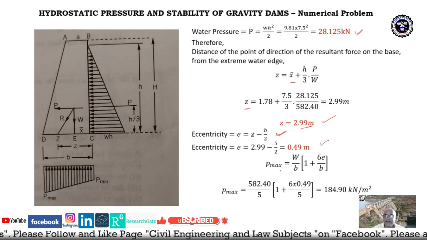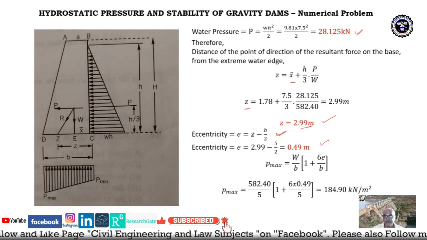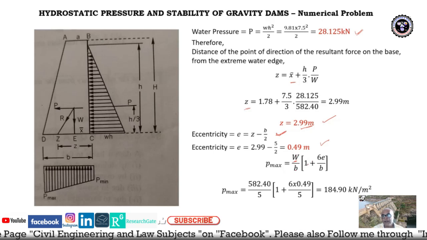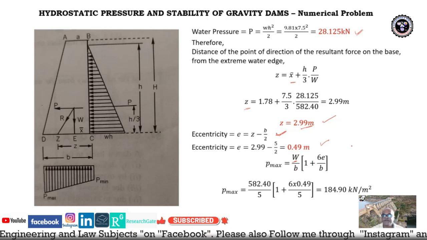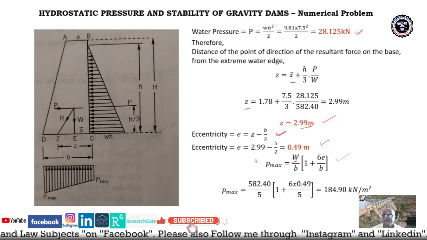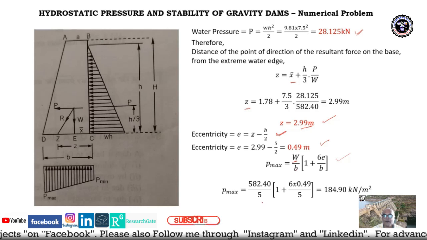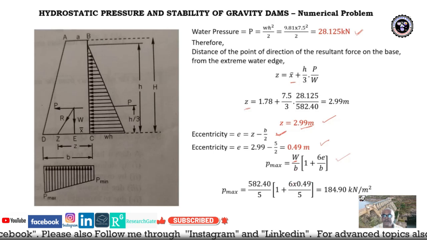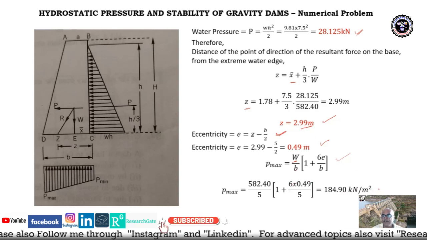Okay. Then P max is equal to, considering only the self weight of the dam. We don't consider any other loading, any other vertical forces. So P max is W upon B into (1 plus 6e upon B), since we want to find out the maximum stress. Substituting the values, 582.40, the self weight of the dam, upon 5, where B is the width, 5 meter, into (1 plus 6 into 0.49 upon 5), we get 184.90 kilonewton per meter square.